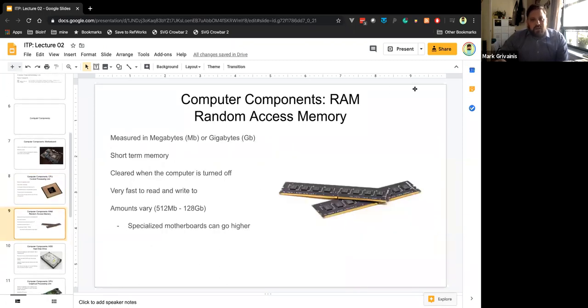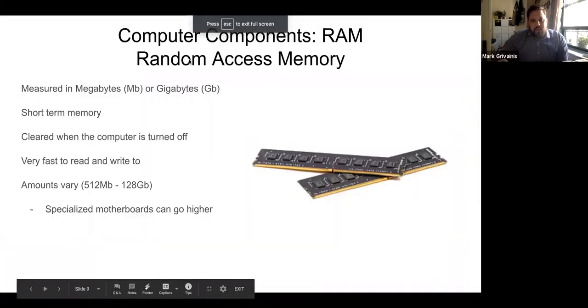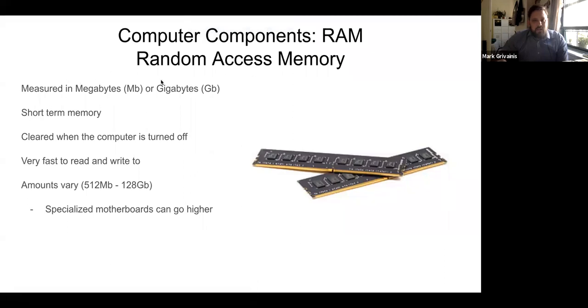The next component is your RAM. RAM stands for random access memory. The unit of measurement for these is generally going to be megabytes or gigabytes. This is short-term memory. What that means is that when your computer is turned off, anything that's stored in the RAM is lost.